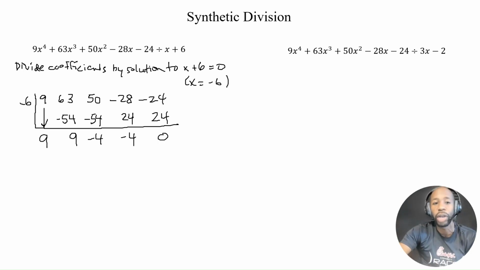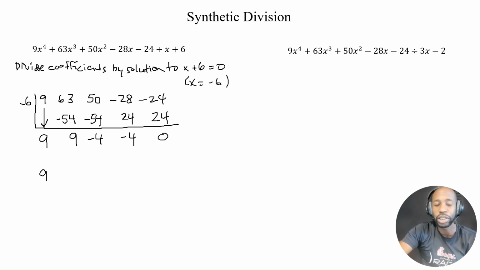Now, your final answer is going to be, check this out. You're dividing this 9x to the fourth polynomial by x plus 6. So you already know, since you're dividing by x plus 6, the degree of the answer is going to be essentially x to the fourth divided by x, or it's going to be x cubed. So this gives us the coefficients of the polynomial starting with the x cubed term.